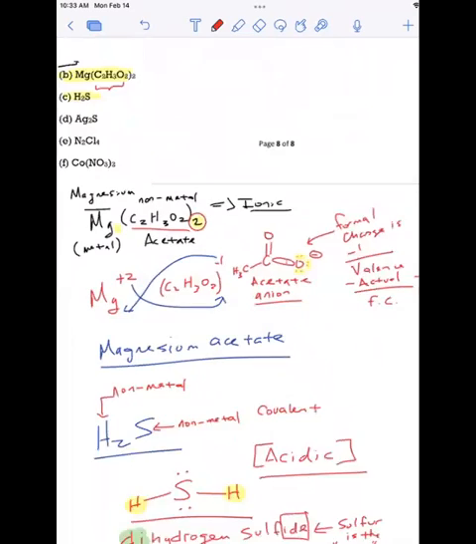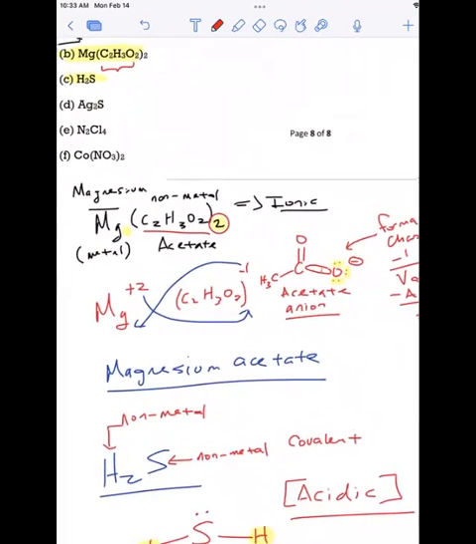All right, let's do D. What do you think? D has the symbol Ag. What is that on the periodic table?